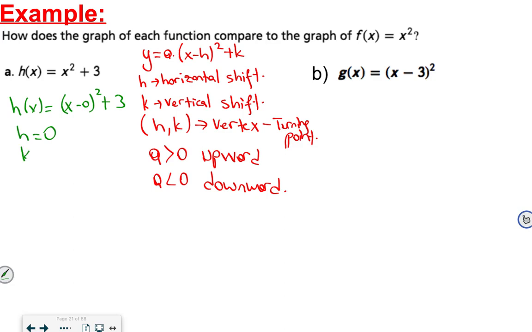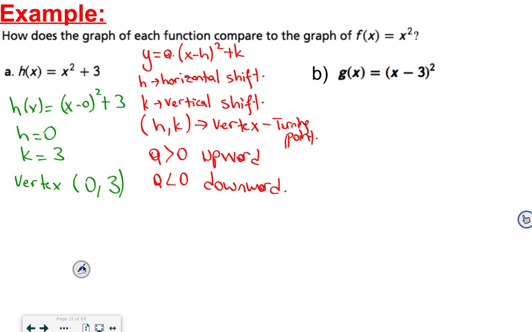What is the k? K is 3, which means a vertical shift 3 units up. So what is your vertex here, ladies and gentlemen? Your vertex will be 0, 3. So what happened? Your original function is going to be translated 3 units up, and then you will get h of x.